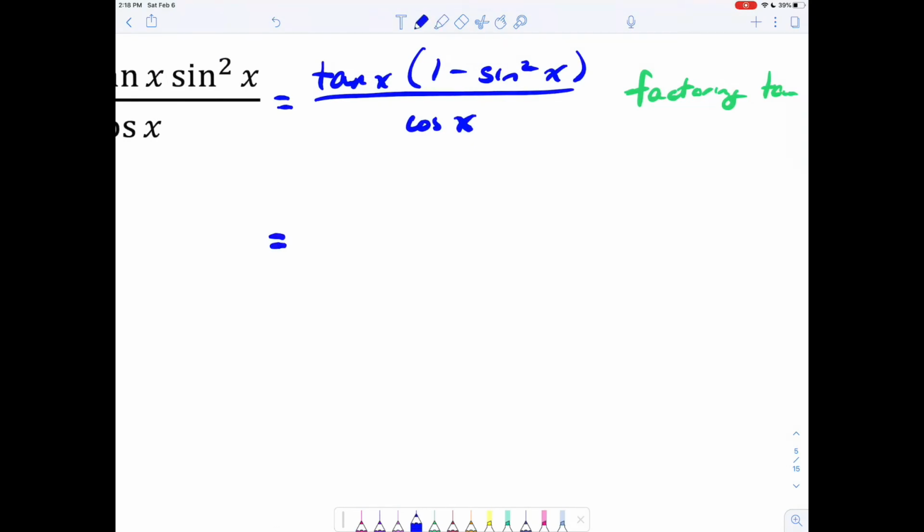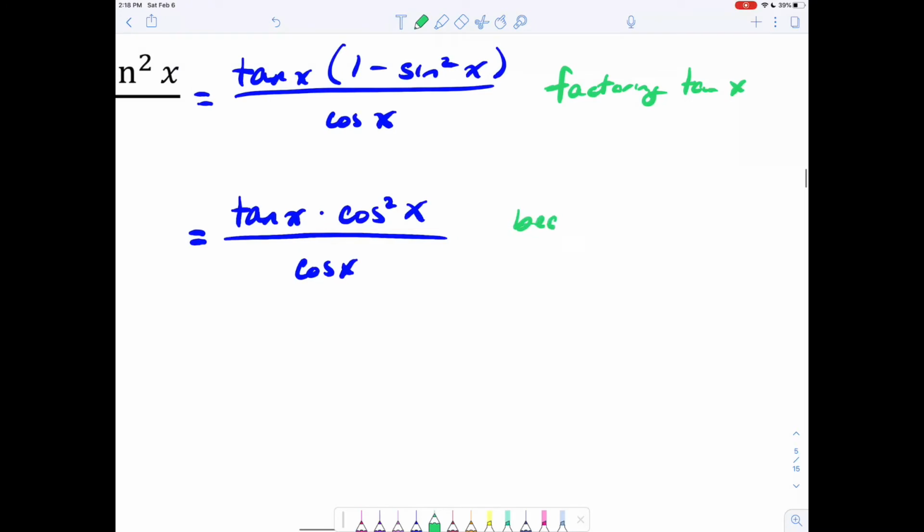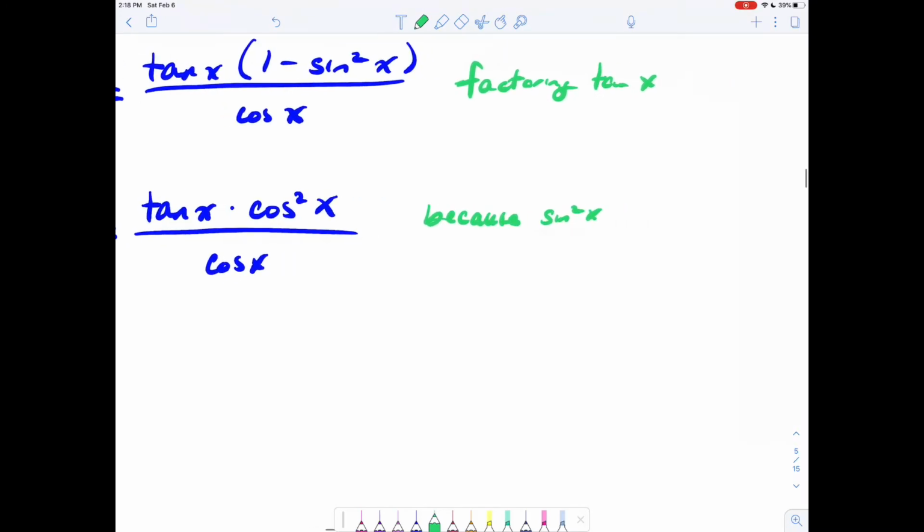I'm going to say that I've got tan x times cos squared x all over cos x. And again, this is because of that first identity, because sine squared x plus cos squared x is equal to 1.